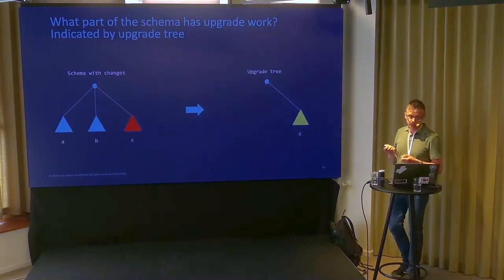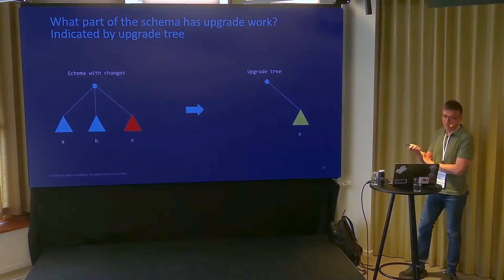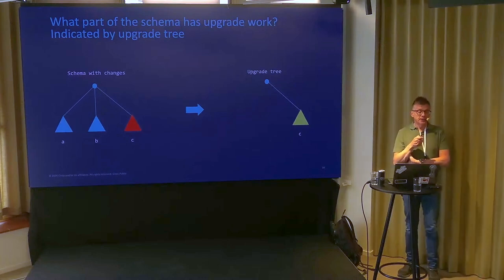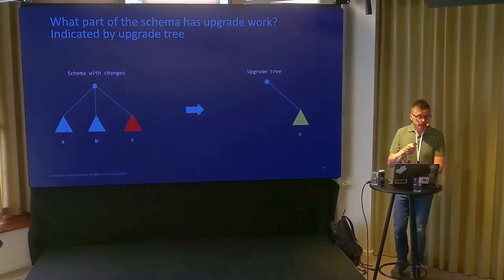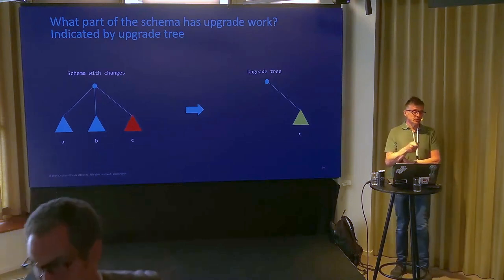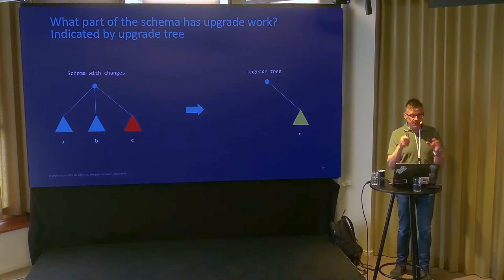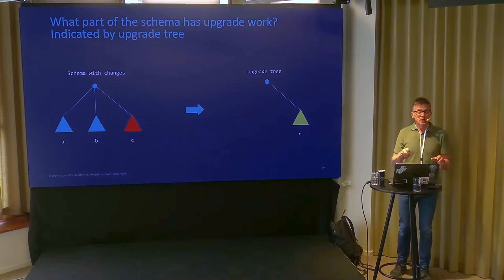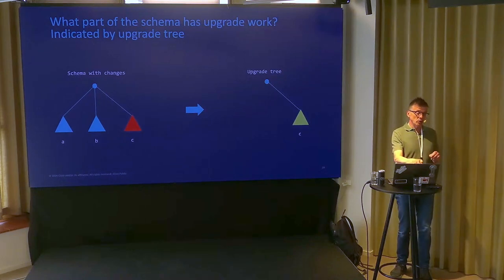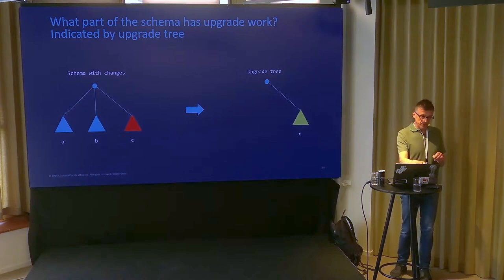So here is a very simple picture of how it might look. On the left you will see an abstract schema with three subtrees, A, B, and C. And apparently we have done something to the schema. So we have some upgrade work in the C subtree.